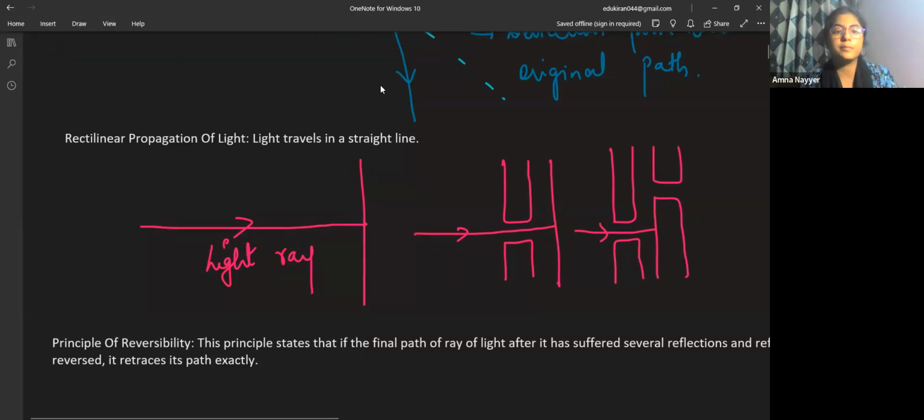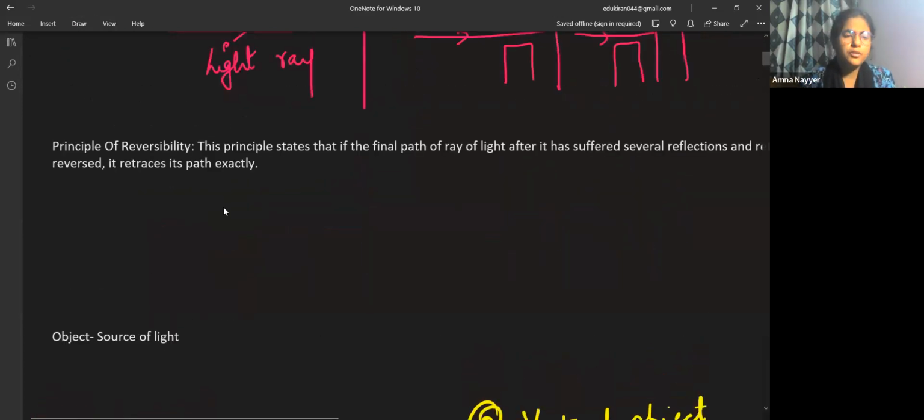Principle of reversibility. Principle of reversibility is also easy. Light propagation, linear propagation of light means light travels in a straight line, right? Like this, this is a straight line. Suppose this is the path of light.